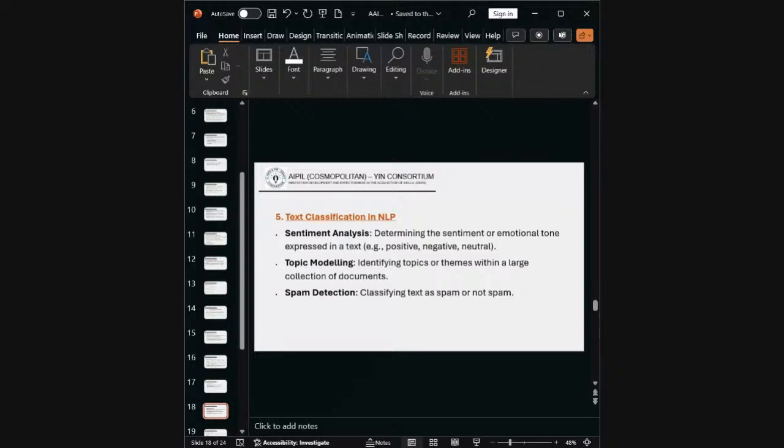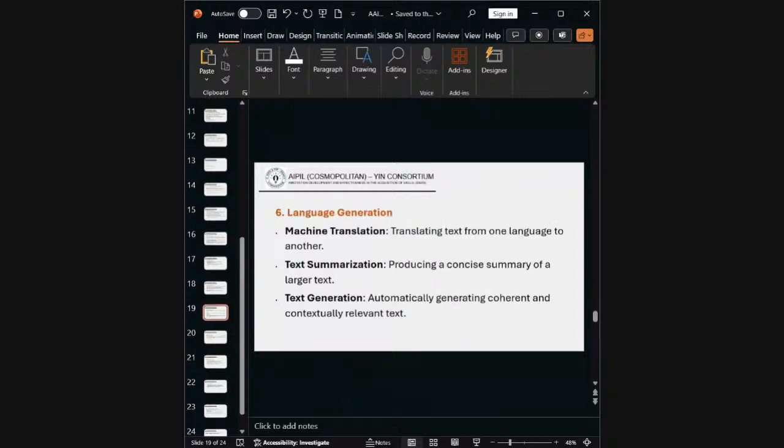So let's go to number 6, language generation. After doing all that, where did we start from? We looked at text processing and pre-processing, preparing the text: tokenization, text normalization, removing punctuation and ambiguity in the text. We looked at syntax analysis, parsing the syntax, looking at the structure of language.